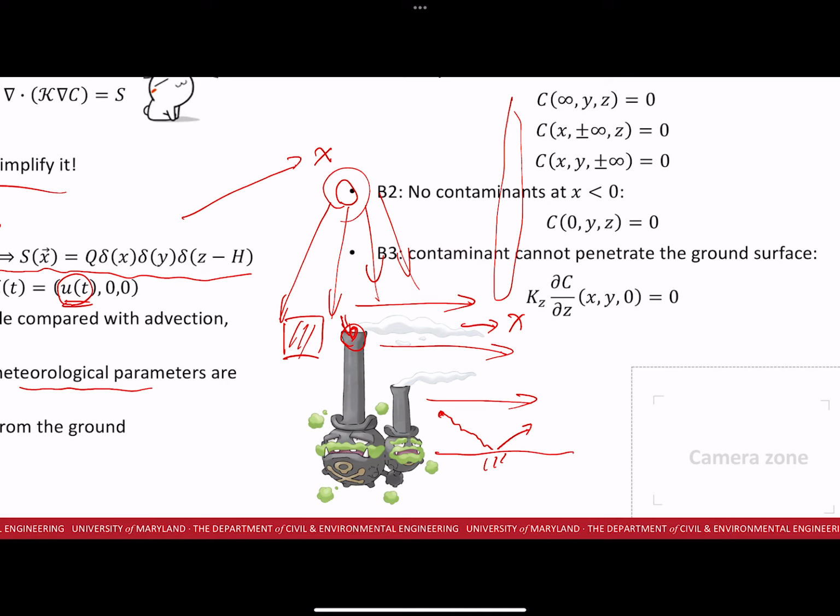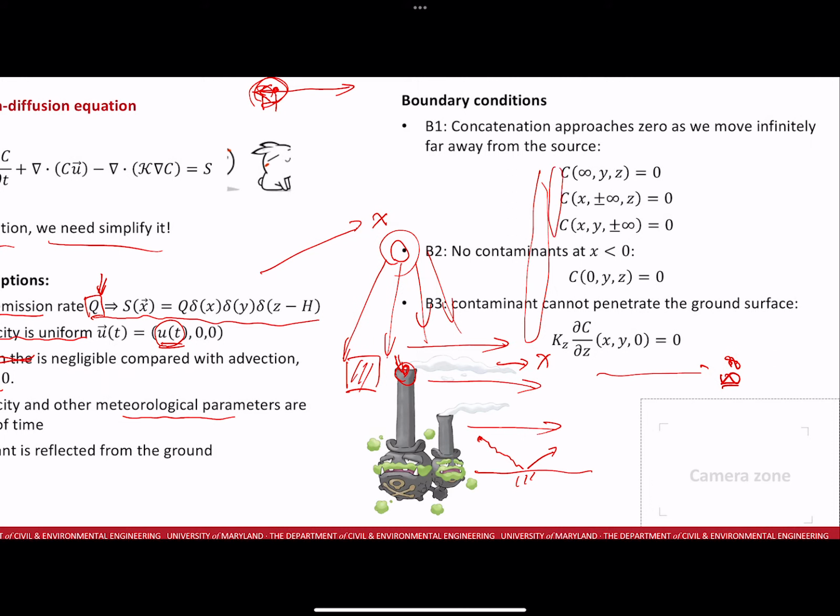On the other hand, when we go very far away from the source, the concentration should also be 0 because it is very far away. So this describes something like this.